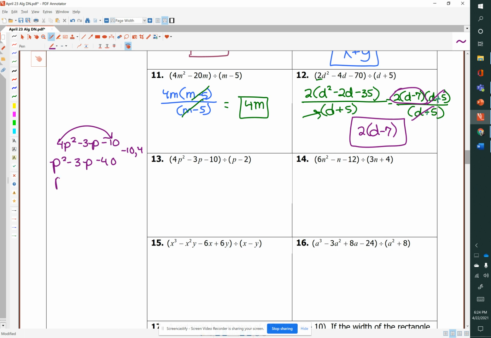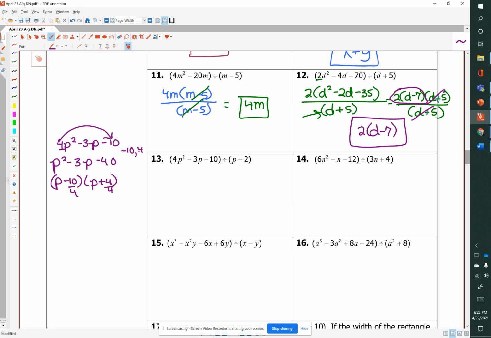So that would be p minus 10, p plus 4. And let's put our denominator of 4 under there. I'm feeling like I'm making a mistake, but I guess I'm not, because I need to have a p minus 2.